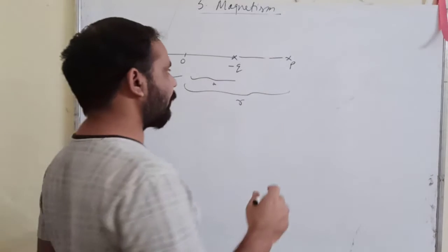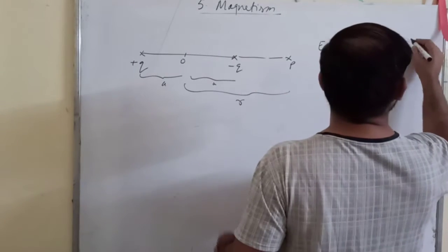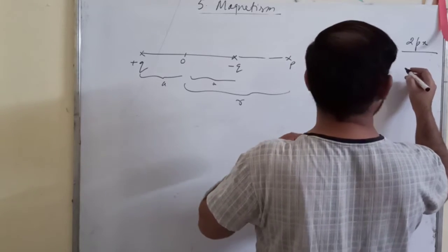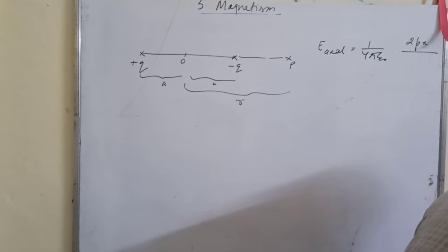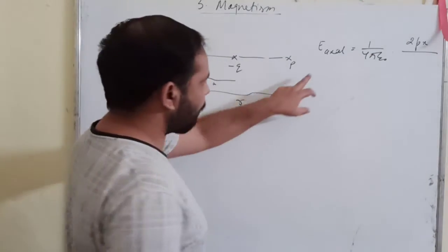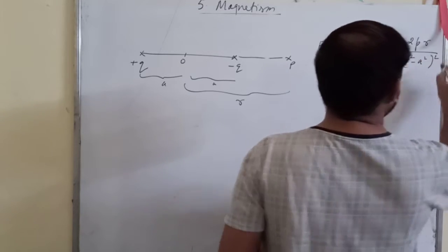The formula was E axial is equal to 1 upon 4 pi epsilon naught, 2p r upon r square minus a square whole square.